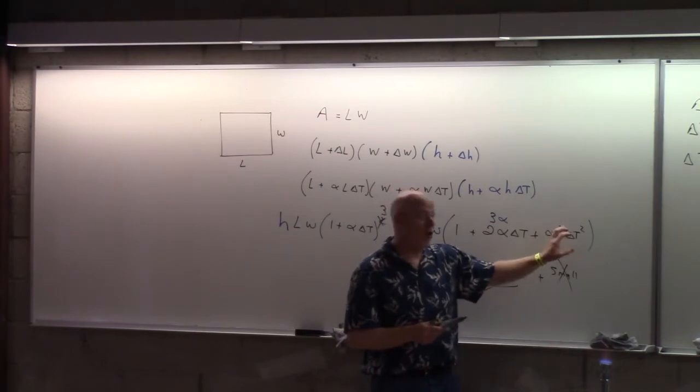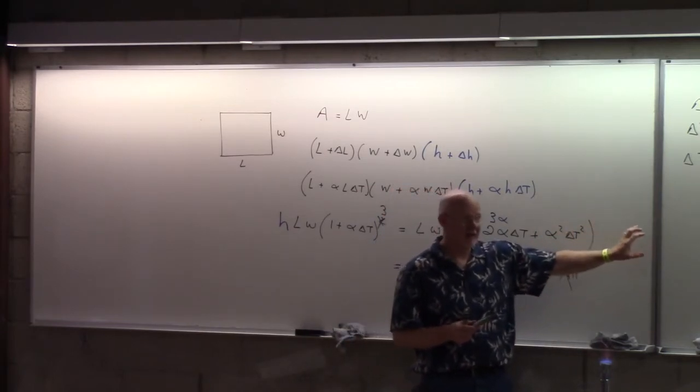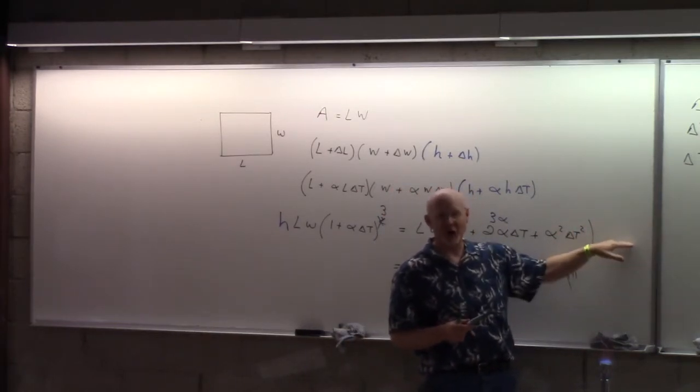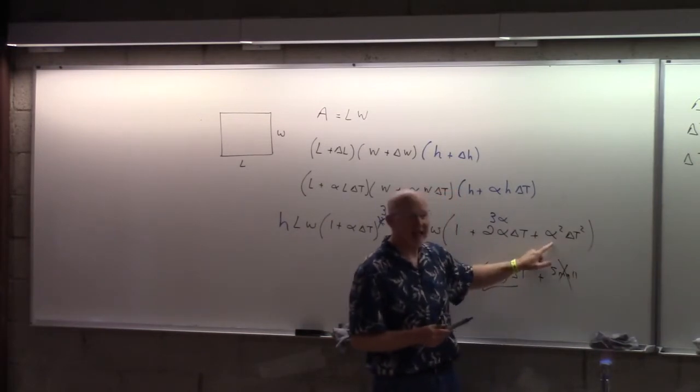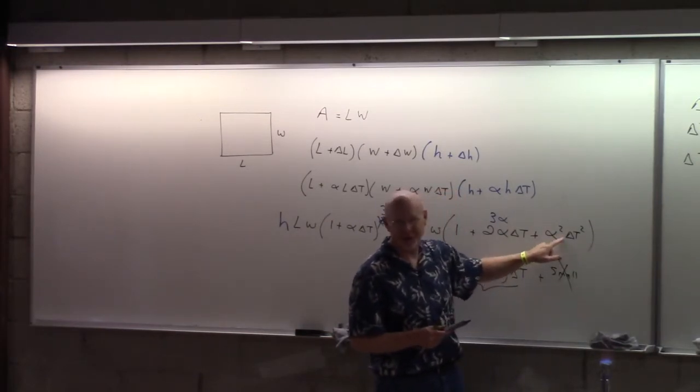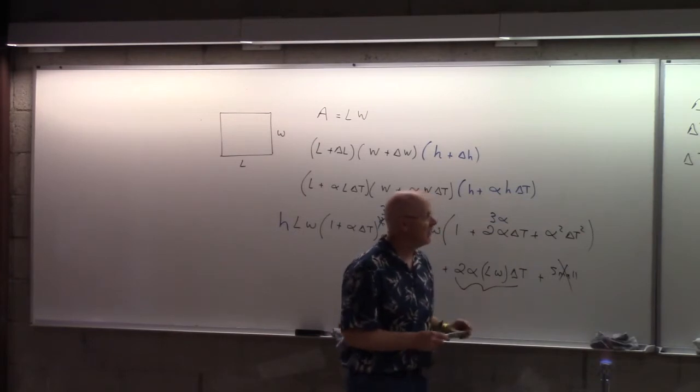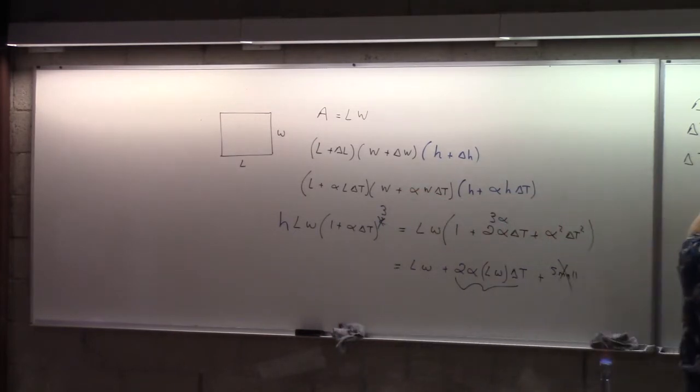There'll be more terms, but all of them will be small. All of them will have like an alpha squared or an alpha cubed. And so what you will get is 3 alpha times the original volume delta t.